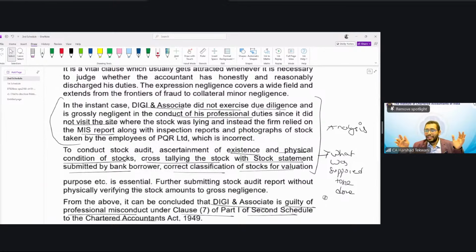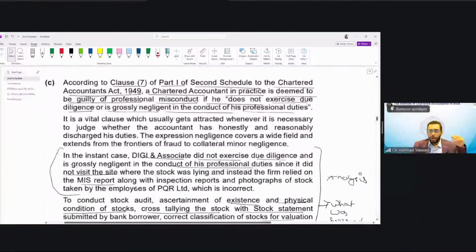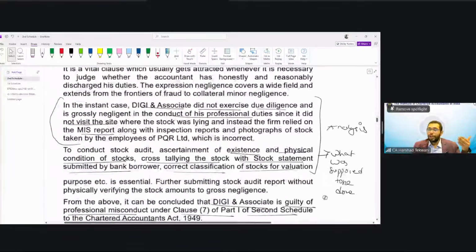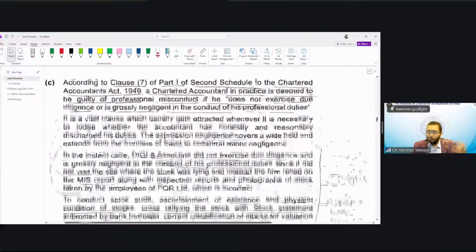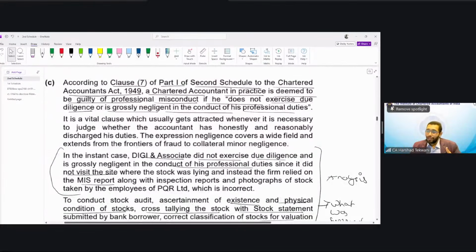You cannot directly say, okay, because DIGA did not exercise due diligence and were grossly negligent in their conduct of professional duty, hence guilty of professional misconduct. No, you need to also specify what was required to be done. Why are you saying gross negligence? Most students only write that they were grossly negligent, but why? What was missed? That is something you need to write in the answer.